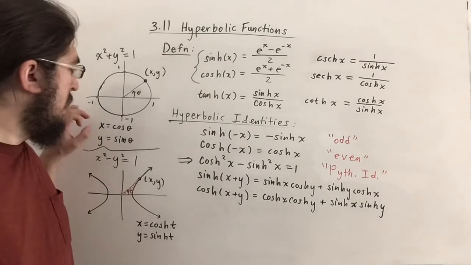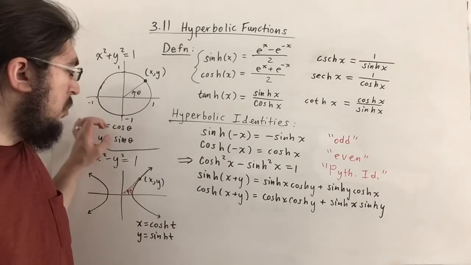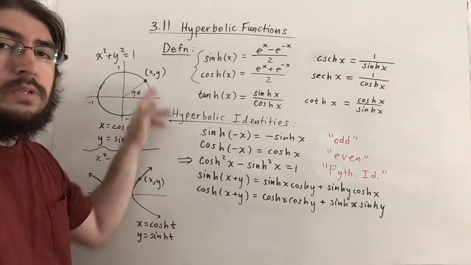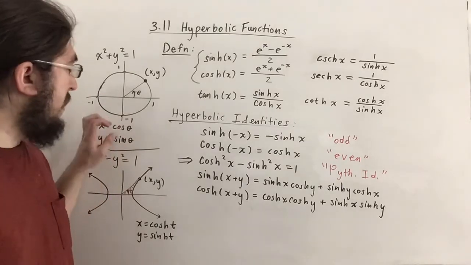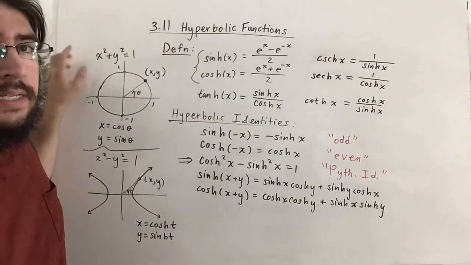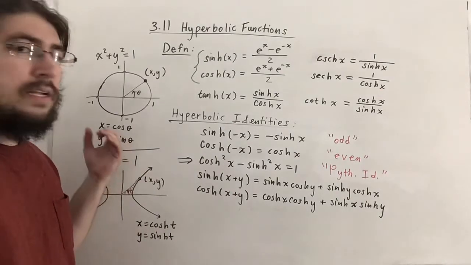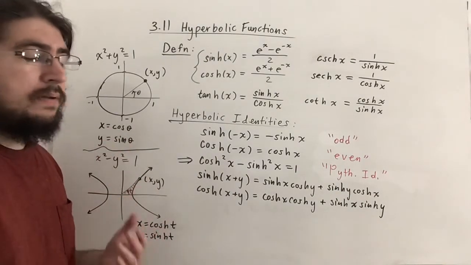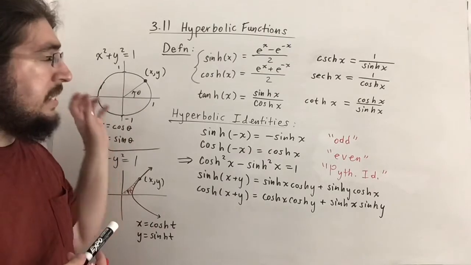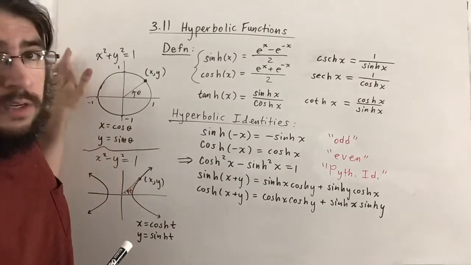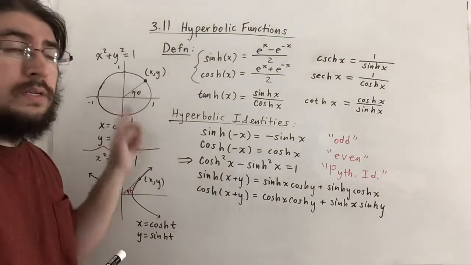In other words, cosine and sine follow points on a unit circle, which makes sense because they satisfy the equation of the unit circle. So the fact that cosine and sine satisfy this Pythagorean identity means they represent points on the unit circle.